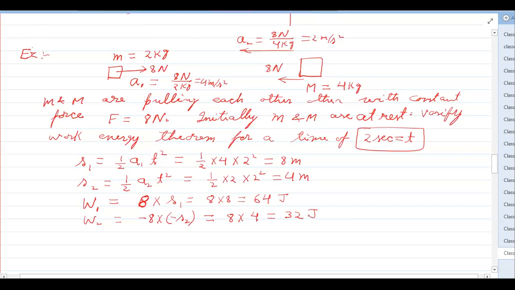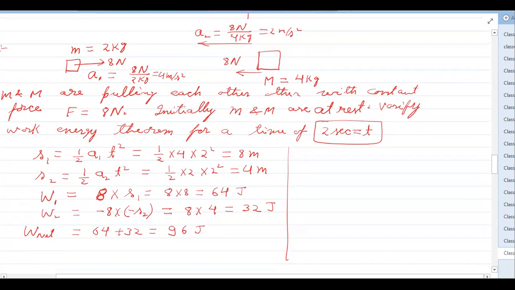Okay, so these are the two works done. So what will be the net work done by all forces? That is 64 plus 32, so that is 96 joule. Okay, so this is one side of the proof, that is the calculation of work done.